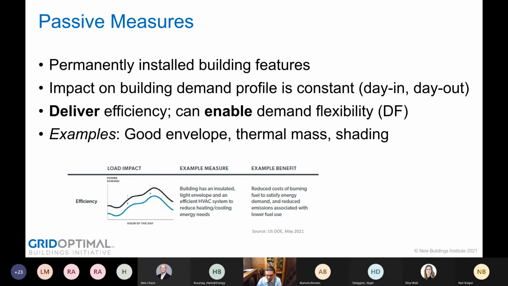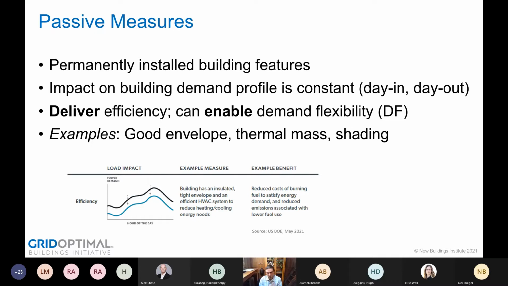So if you've got a super tight envelope and it hardly lets any heat in or out, you may be able to coast longer if you turn your HVAC system off or turn the fans down or the pumps down, something like that. It may be that it takes longer to warm back up if you're in cooling mode, or vice versa in heating, because the envelope is so good.